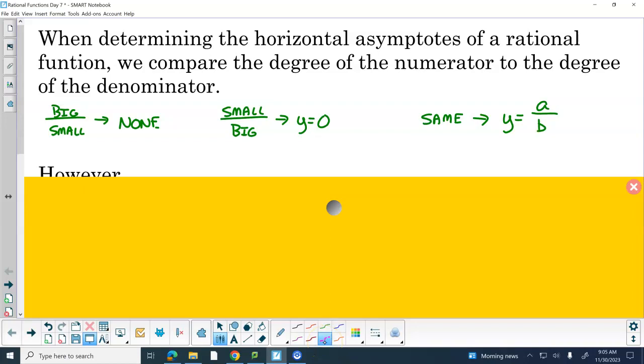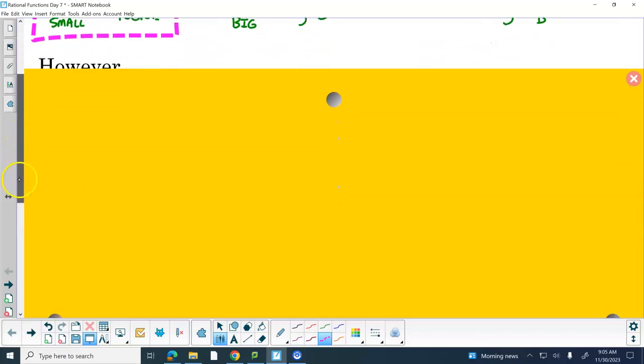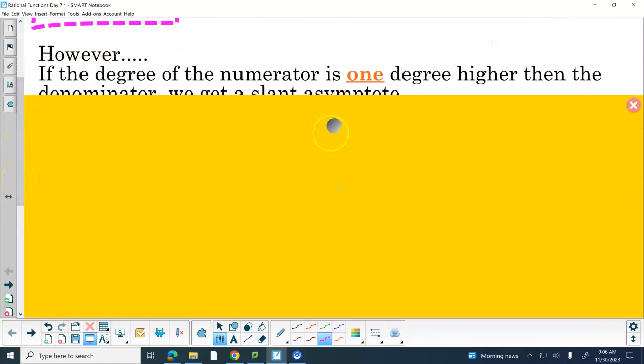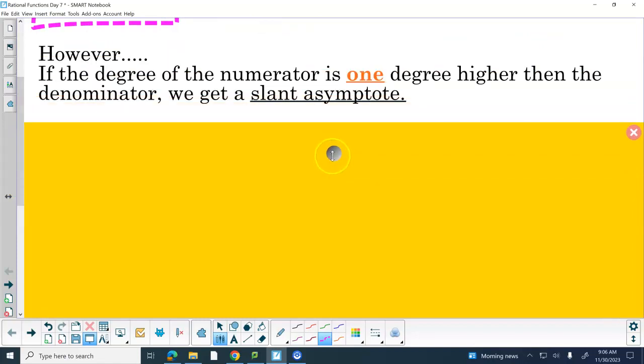Today, I want to focus in on this one, this none one. That's the one we're going to focus in on today, is when we don't have a horizontal asymptote. So we're going to look at today then, if the degree of the numerator is 1 bigger than the degree of the denominator, we have something called a slant asymptote.